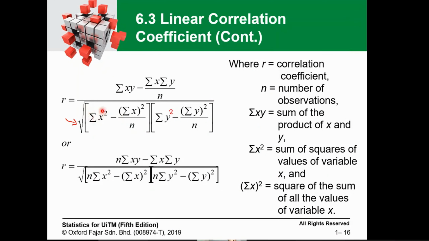If you see here, it's sum of x squared, which means we take each value of x, we make the square of it, then we sum all the squares. Minus square of sum of x, which means we sum all the x values, then we take the square of the result. Here is the same.